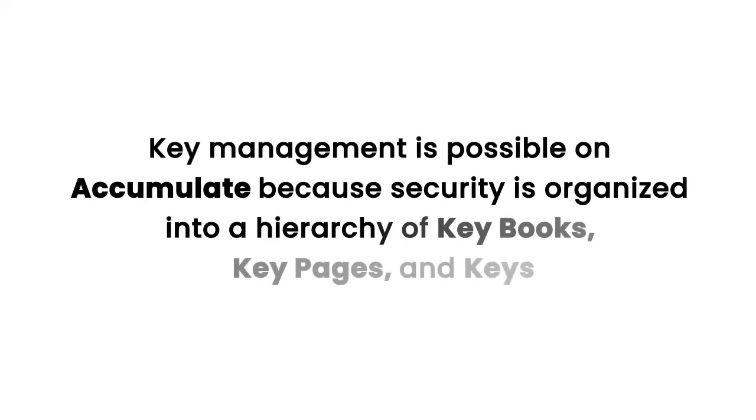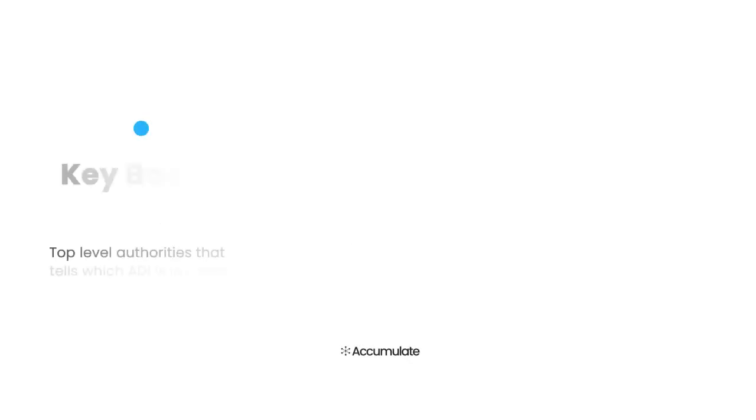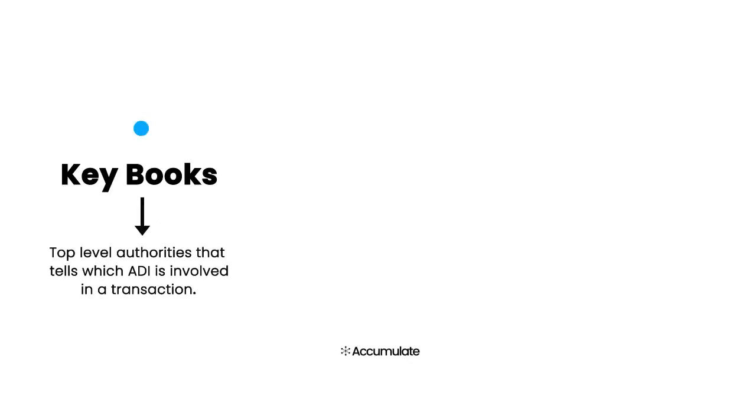Key management is possible on Accumulate because security is organized into a hierarchy of keybooks, key pages, and keys, similar, at least in structure, to how identity is organized into ADIs, sub-ADIs, and accounts. Keybooks are top-level authorities that tell you which ADI is involved in the transaction.